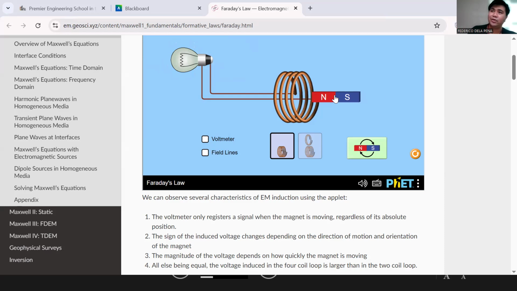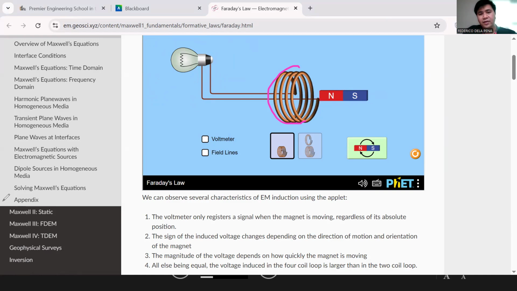Where they'll try to chase after the changing magnetic field. And as a result, it will cause a current to flow along the body. In this case, this coil of wire is our body that we're talking about.